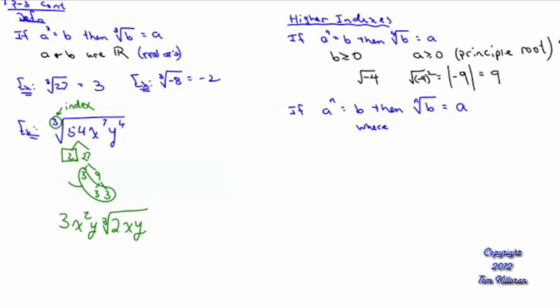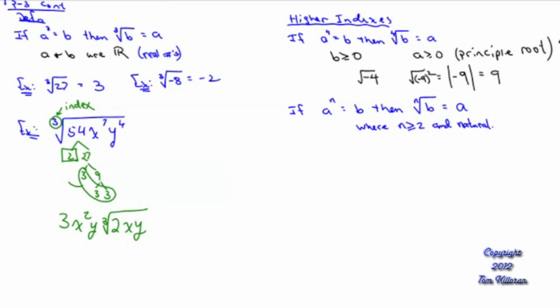Well, actually, n is greater than or equal to 2 and natural. It has to be a natural number. It can't be a fraction. You can't have the index being like a half. That just doesn't make any sense.